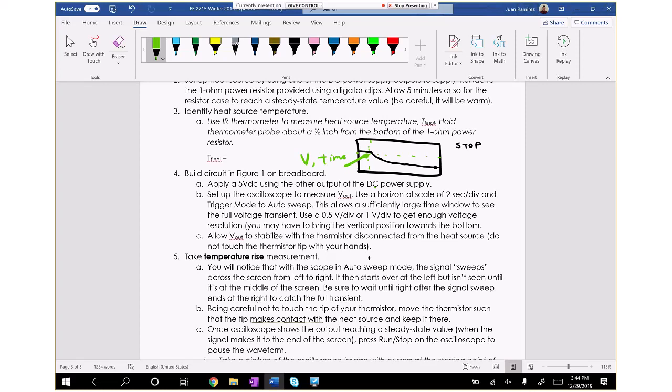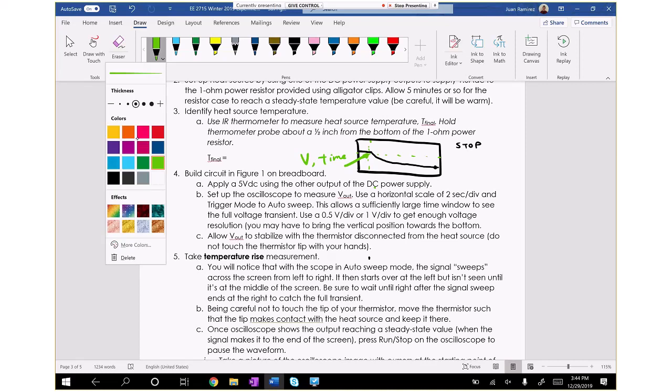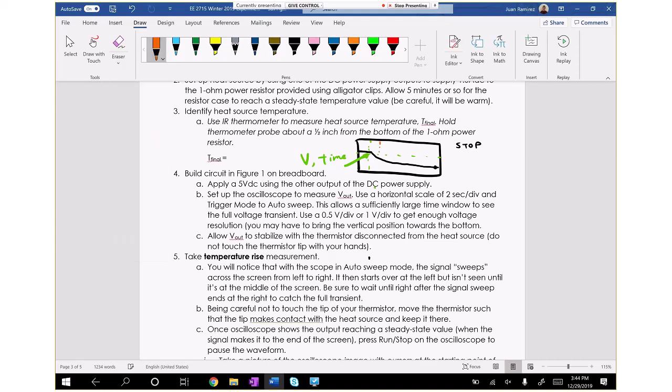And then you're going to do that 10 times, and so on. I would like for those points to try to be evenly spaced, ideally. So do this for 10 data points, up until the steady state value, or the end of the trace.